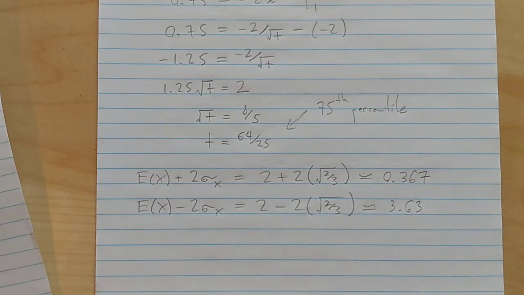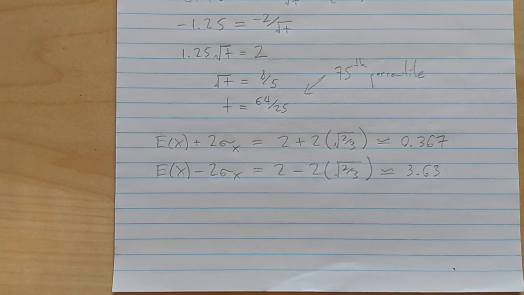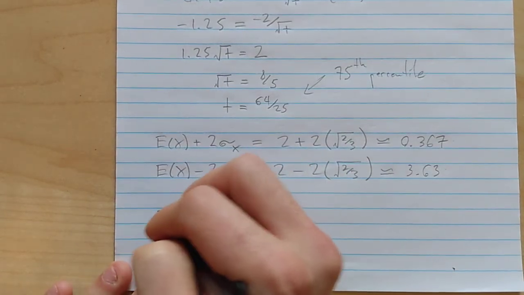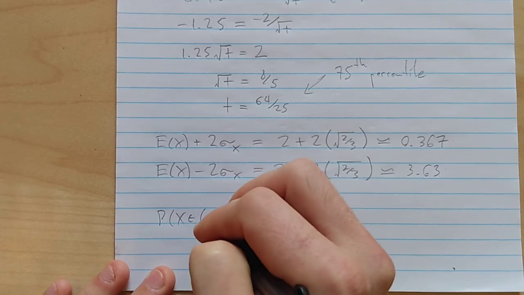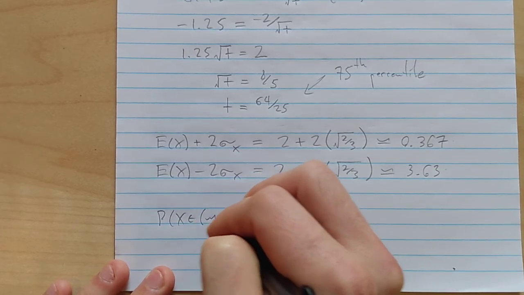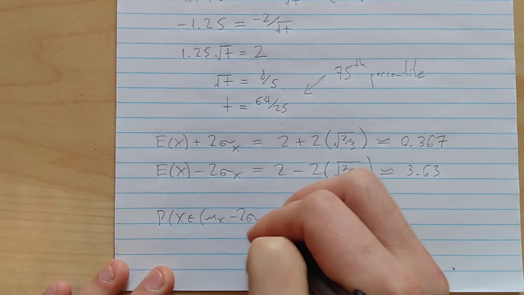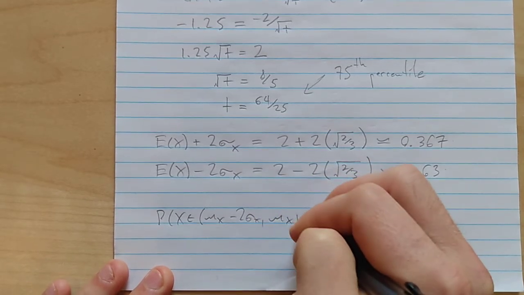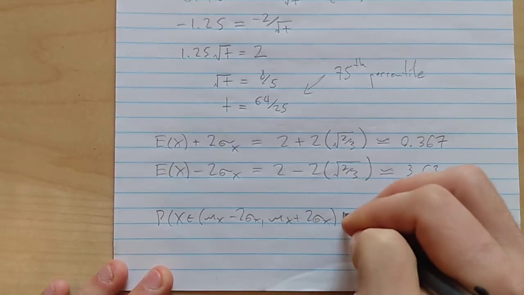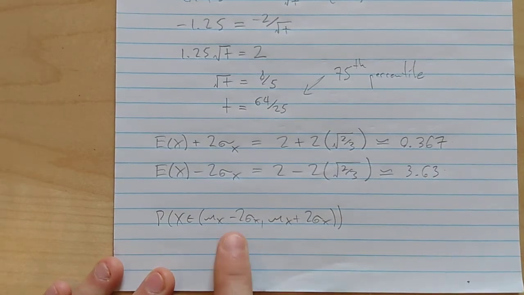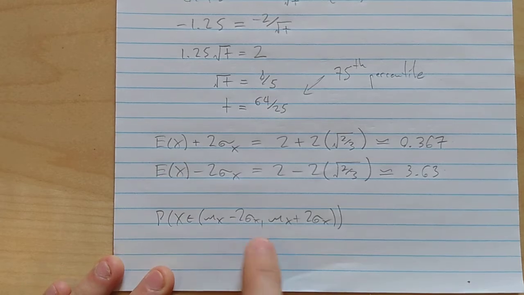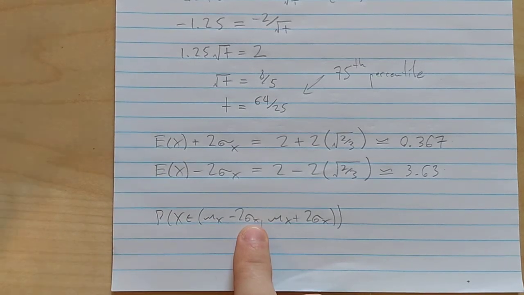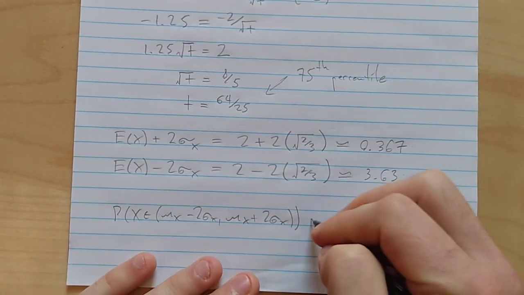Great, so the answer to our question that we're looking for. The probability x is within 2 standard deviations of its mean. You could write it like this: mu x minus 2 sigma x, mu x plus 2 sigma x. So remember these symbols, mu x, that's just the mean of x, the same as the expected value of x. And sigma of x is the standard deviation, which is the square root of the variance.